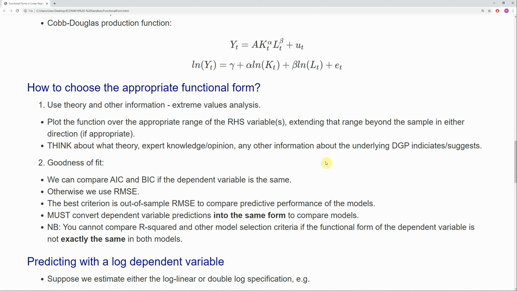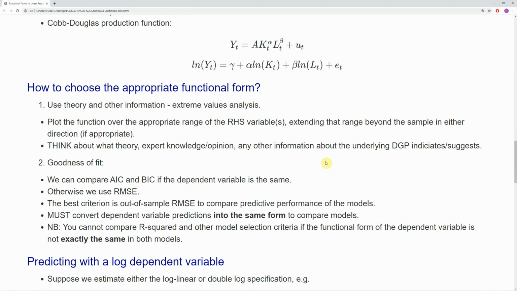Other than that, you might have a competition or a race between different functional forms or transformations, and that could give you different models. If the left hand side of your models are the same, you can use AIC and BIC. So if the dependent variable is the same, as we talked about before.